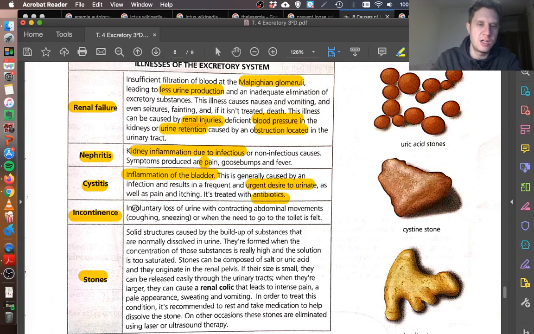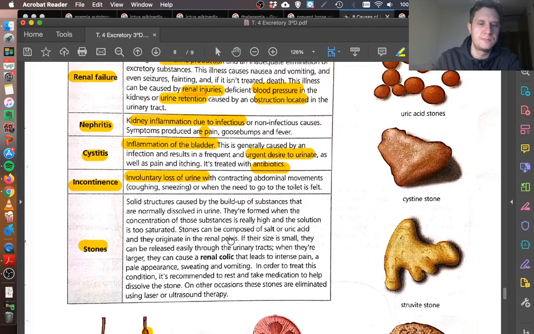Incontinence, involuntary loss of urine. As we said, we need to work the pelvic muscles. We need to get them strong.